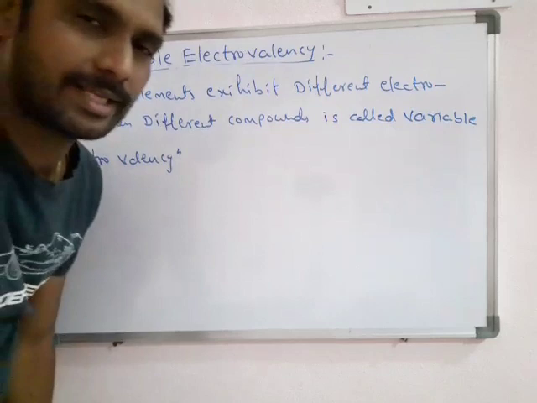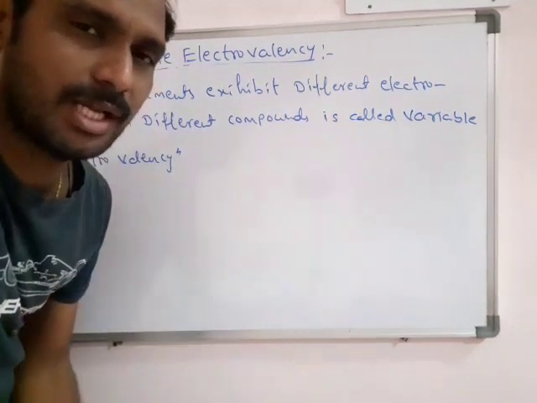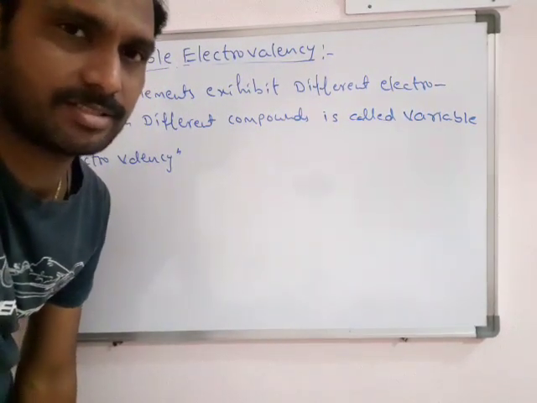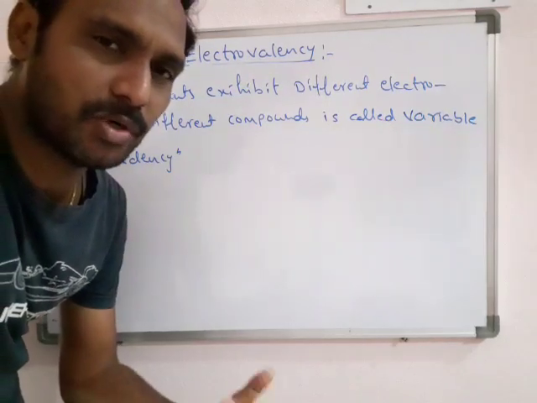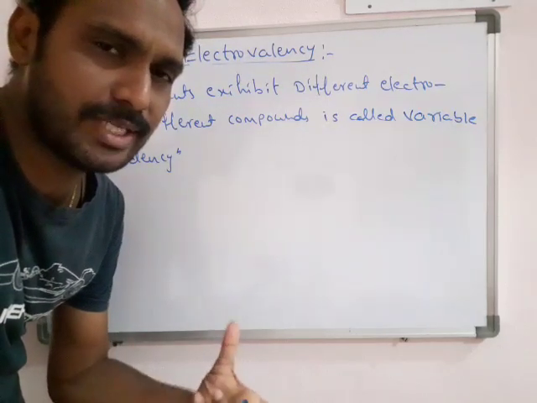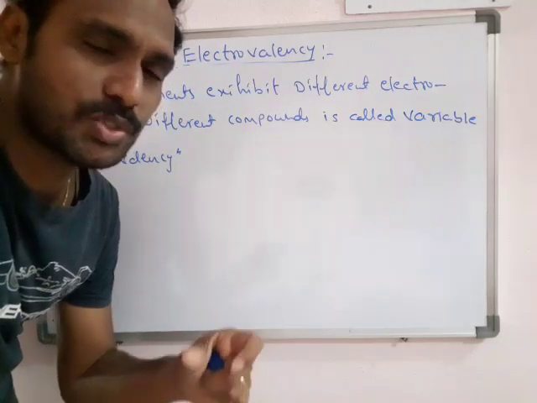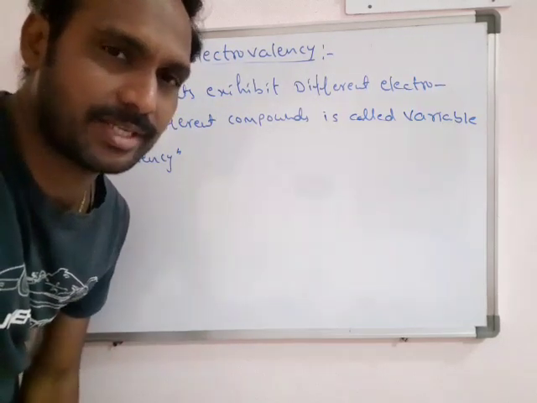So why is it like this? Why are they showing different valencies, different electrovalencies? The number of electrons gained or lost is not fixed. It is totally based on conditions.